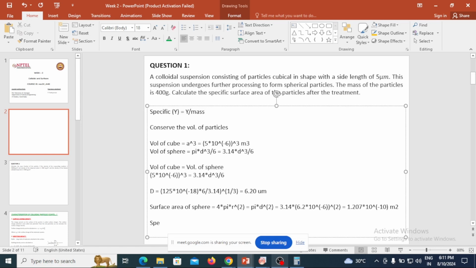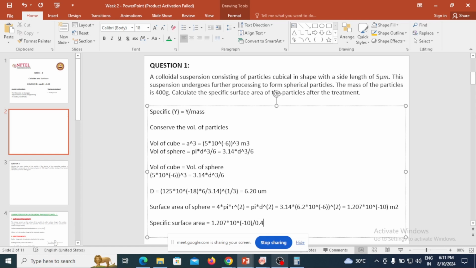So now the specific surface area will be equal to the surface area, that is 1.207 into 10 to the power minus 10, divided by the mass in kg.